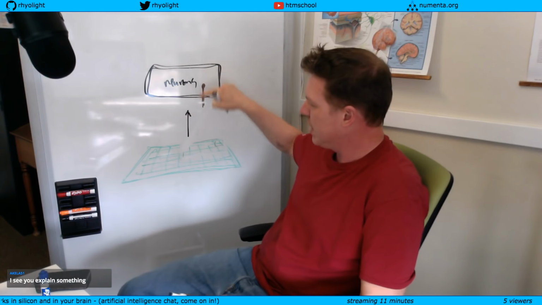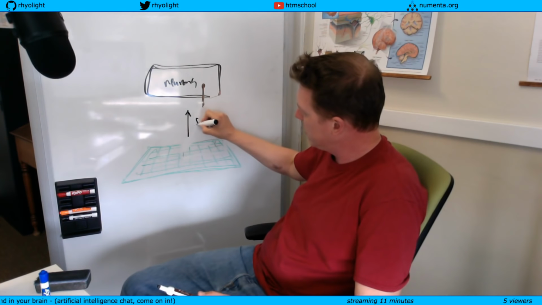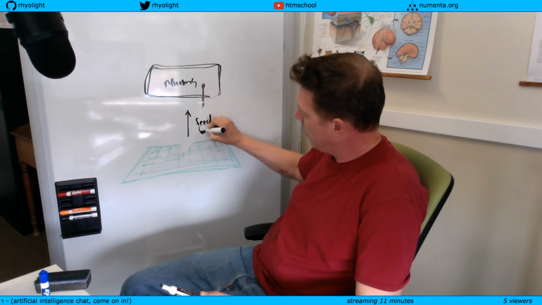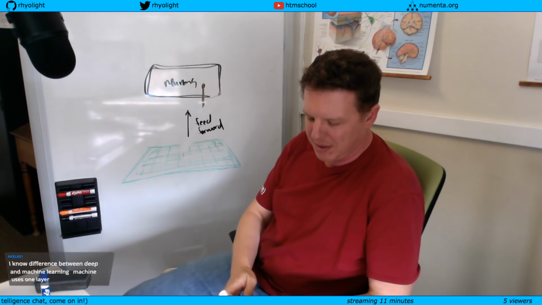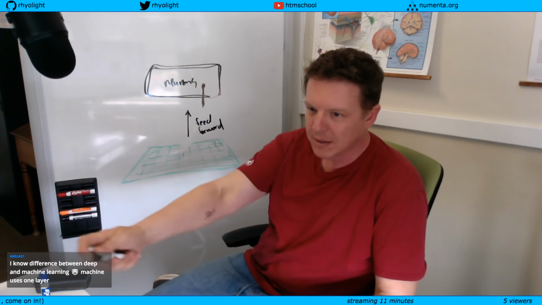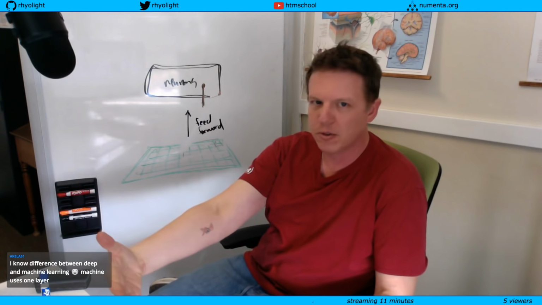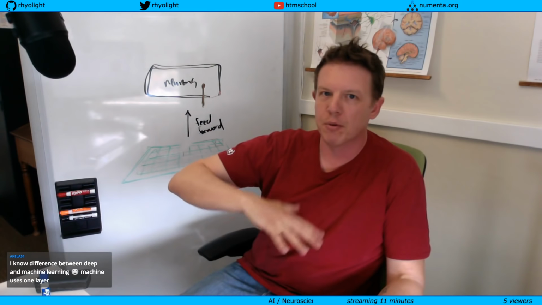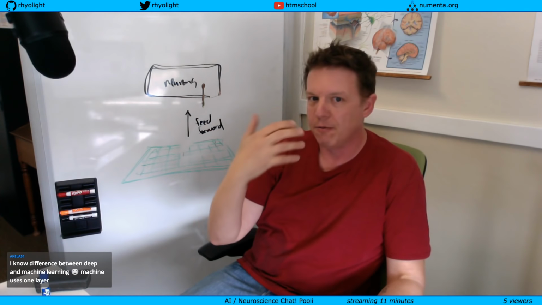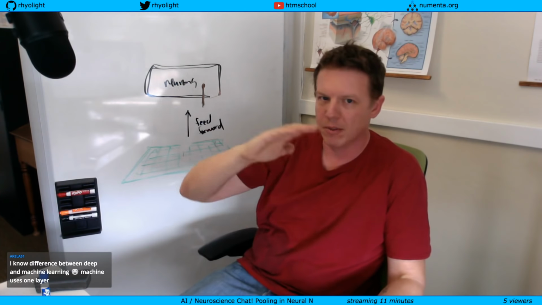Every cell in here is going to get input from this space, and this is feed-forward. Feed-forward typically means in the direction of the senses, so information flows from your senses up through your brain.